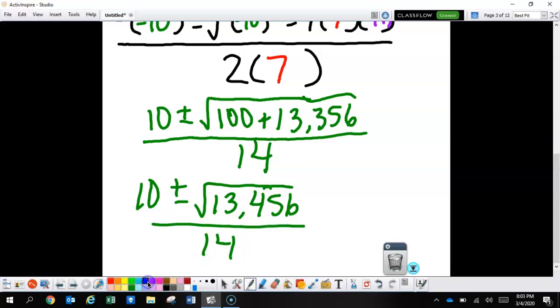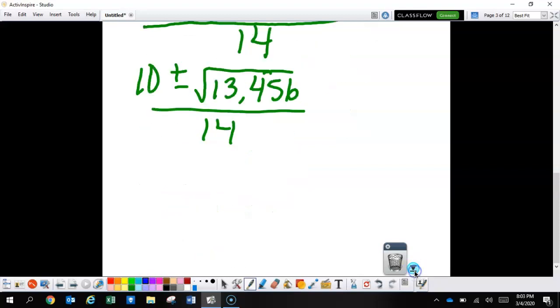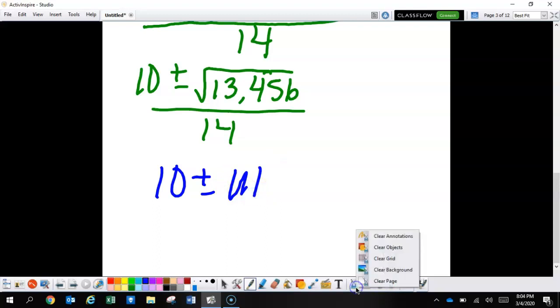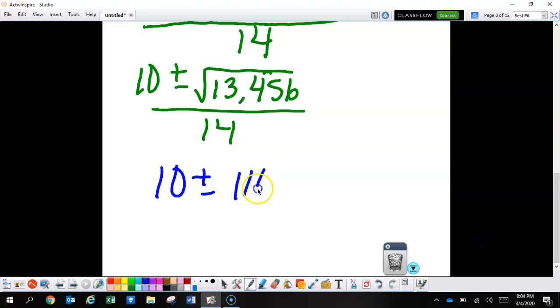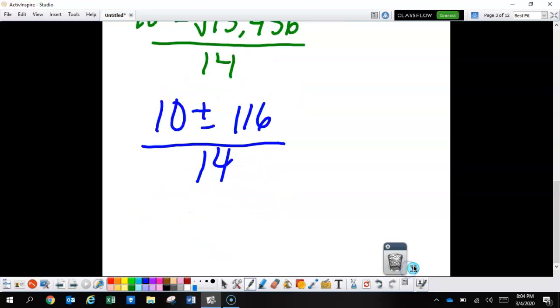Now the square root of 13,456 is 116. You can do that on the calculator. Sorry, I don't know why I'm putting the square root. Over 14. And this is where you split it up into your 2 cases.